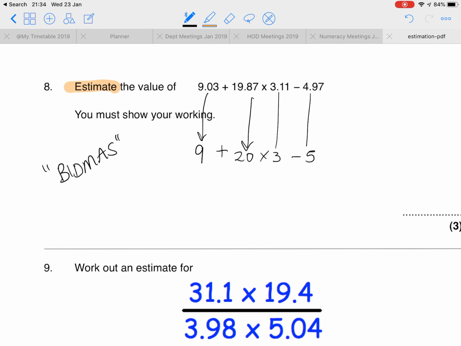So even though I've rounded the numbers to 1SF, I now focus on the multiplication here as being the most important, the highest priority. So 20 times 3 is 60. 9 plus 60, take away 5. 69 take away 5, make 64.